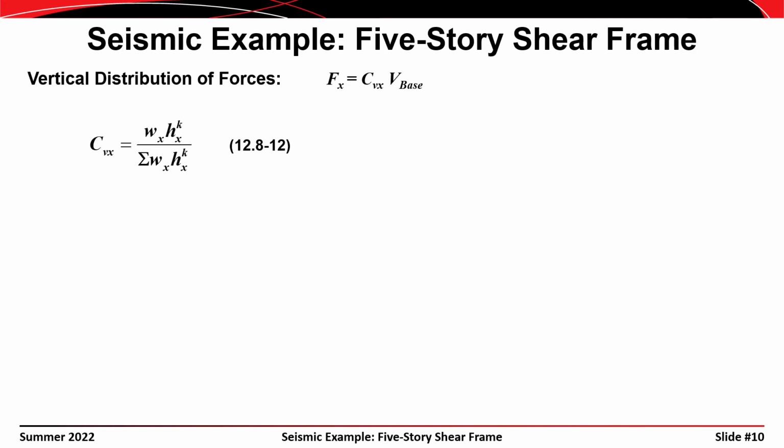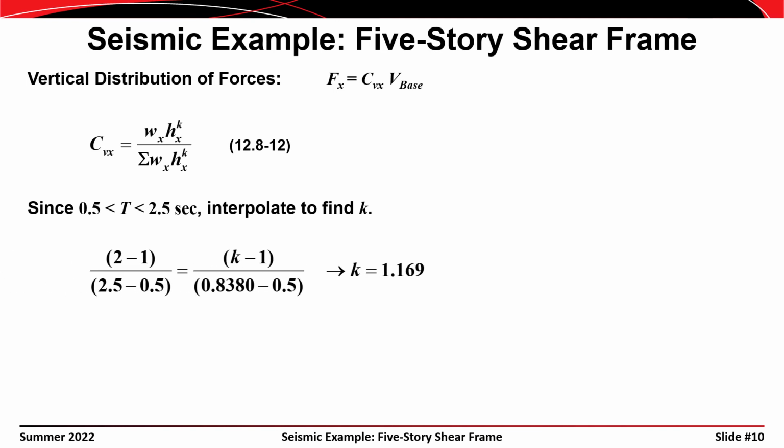This is equation 12.8-12 out of the 2016 edition of the ASCE 7 standard. We need to determine the value k first, so since T in this case is between 0.5 and 2.5 seconds, we interpolate to find k. In this case, k would be equal to 1.169.